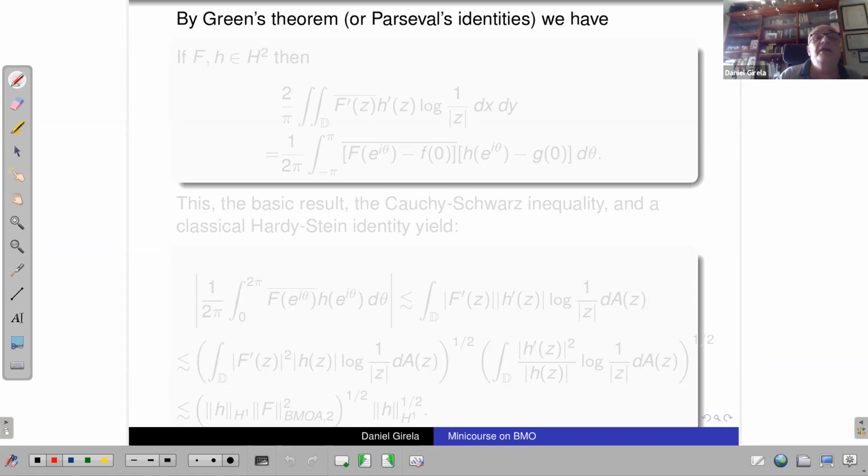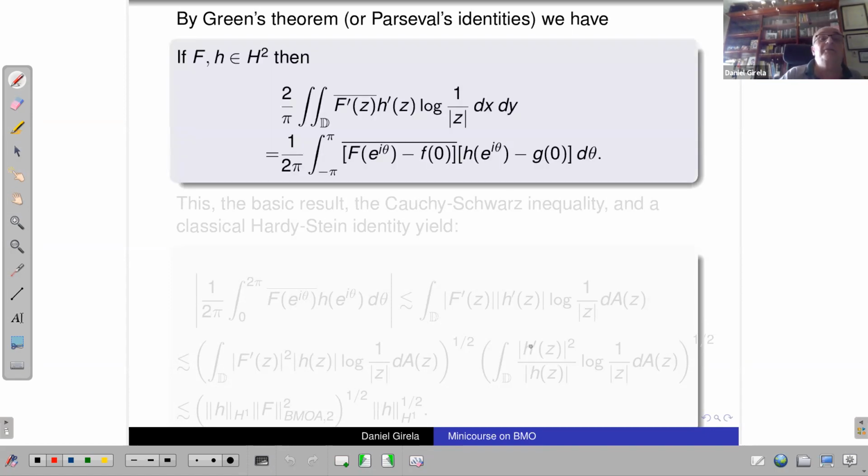Well, the first thing we use is the Littlewood-Paley identities, which can be obtained either using Green's theorem or just using Parseval identities. If we have two functions, f and h in H2, and then, well, I have subtracted here f of 0, but maybe later on I forget about f of 0, and I think that f of 0 equals 0.